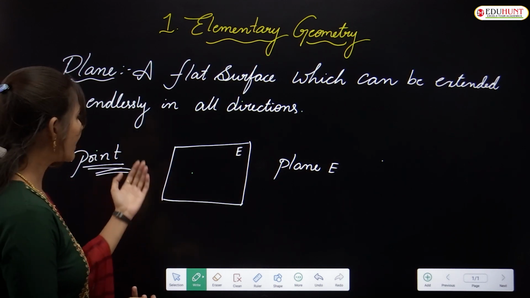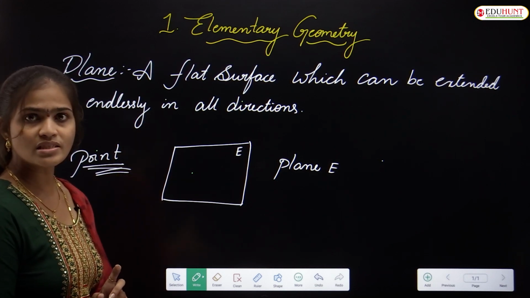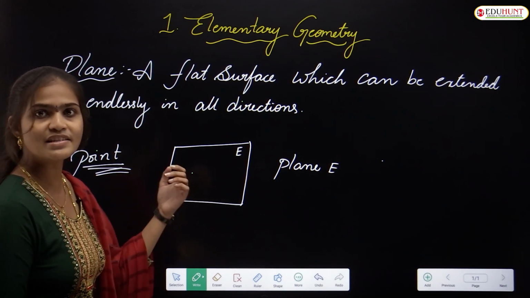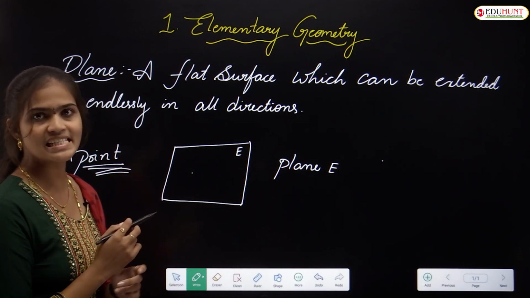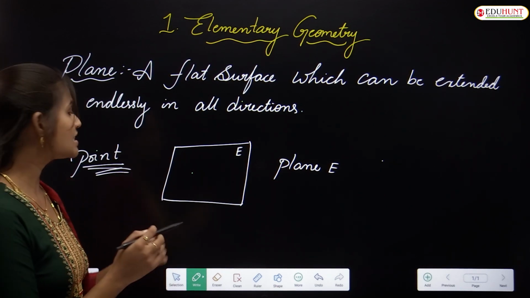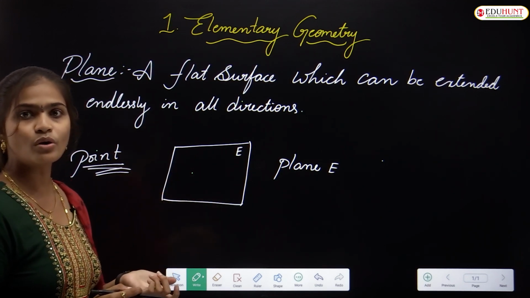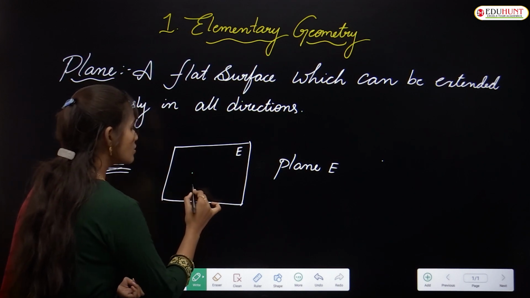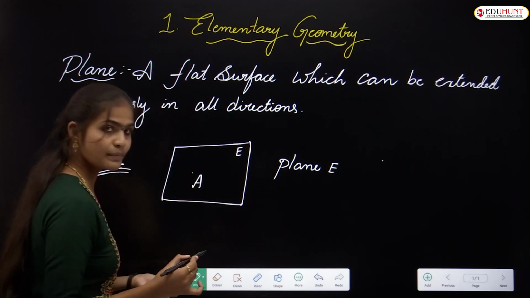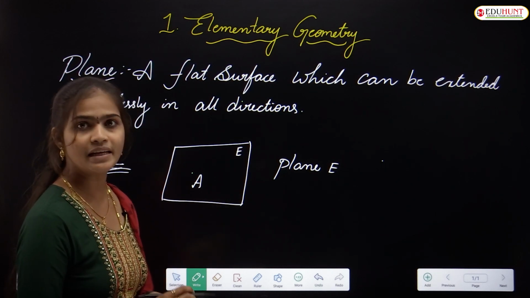A point does not have any size or thickness, whatever it may be, but it shows a position. So a point means it shows some position; marking that position is called a point. Here I kept one point. The property of a point is that points should be represented with a capital letter.